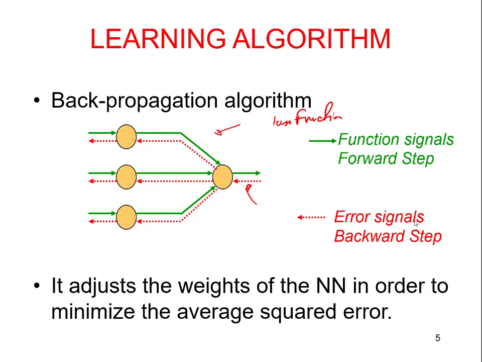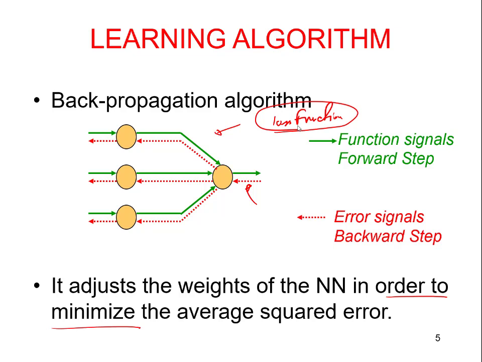One is forward propagation and the other is backward propagation. So backpropagation adjusts the weights of the neural network in order to minimize the average squared error, that is, it tries to minimize the loss function.